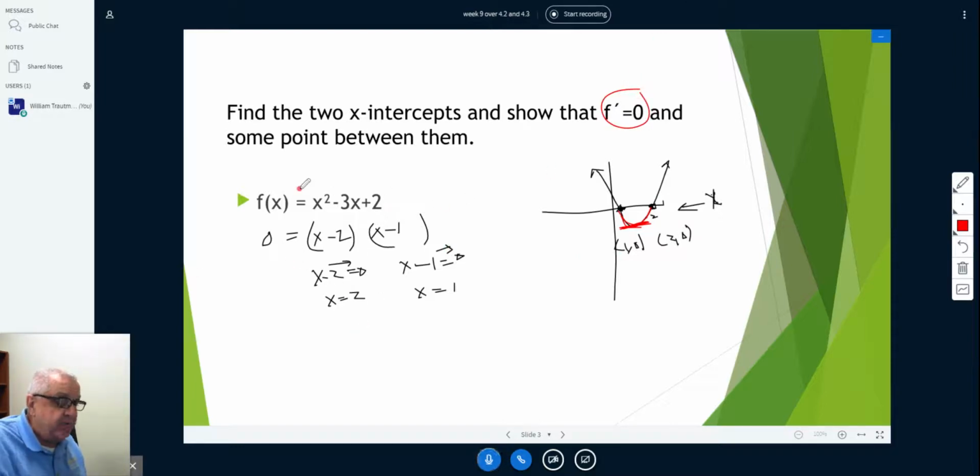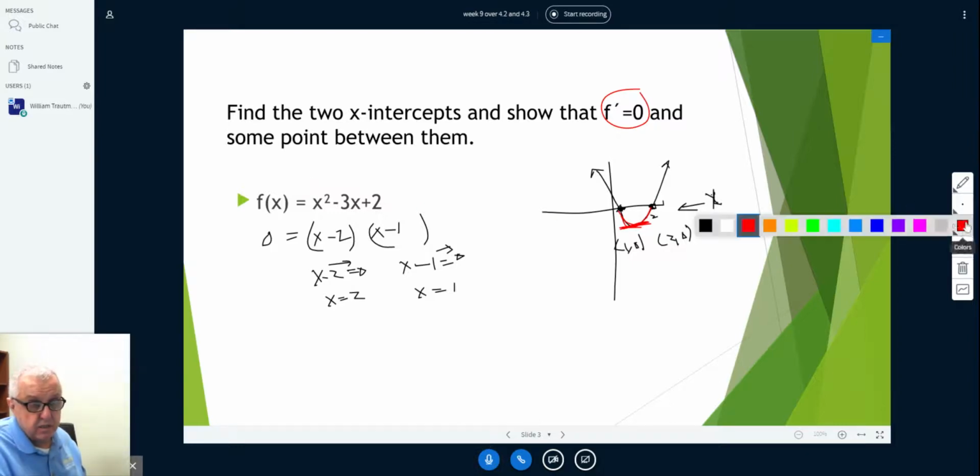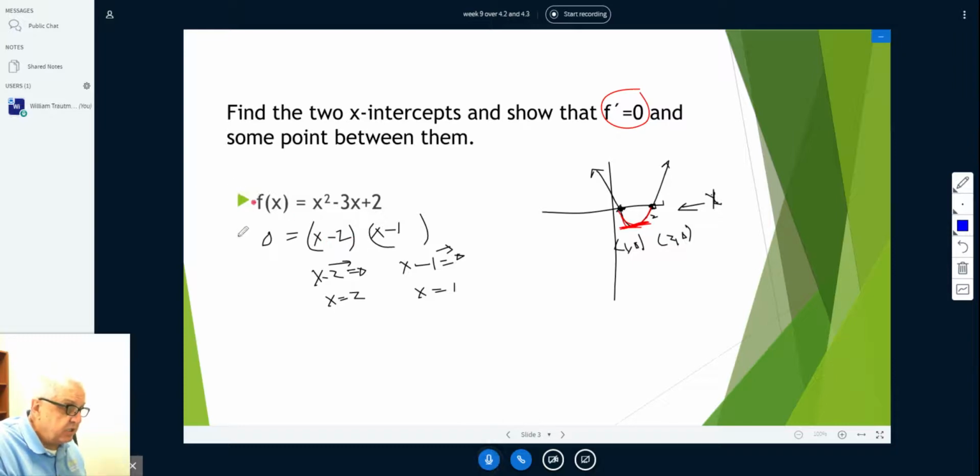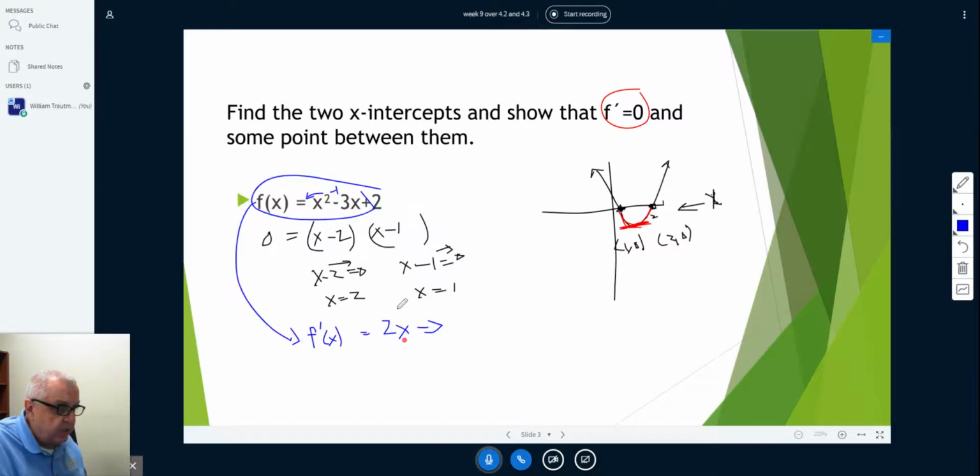So let's take the derivative of our function. f prime is 2x minus 3. If I take the derivative of this, I bring the 2 in front and I subtract 1. Here, I bring the 1 in front and I subtract 1, and the x goes away.